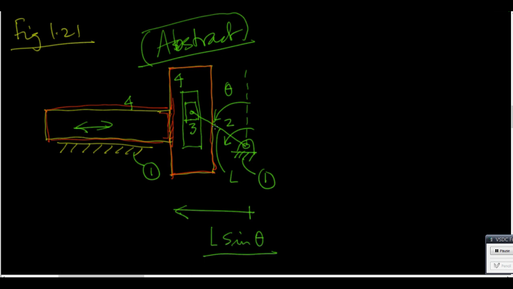So if you rotate this at a constant angular velocity, then this one will have a purely sinusoidal motion. Okay, this is not the same as a slider crank mechanism where it will be approximately sinusoidal. This one is exactly sinusoidal.